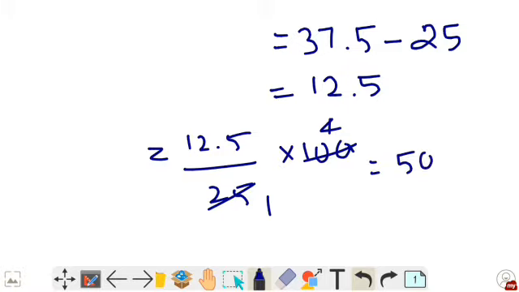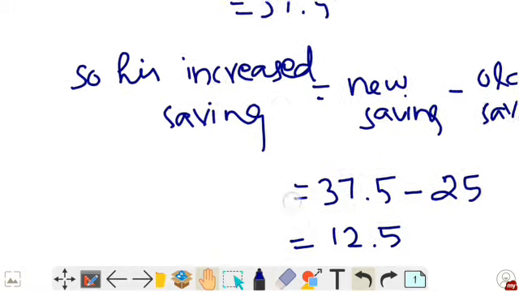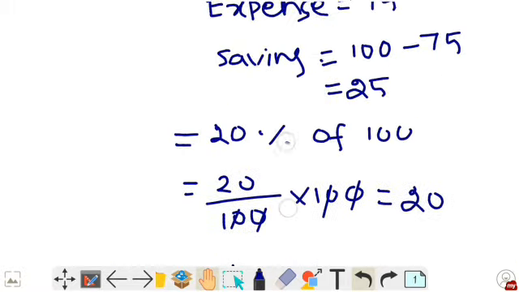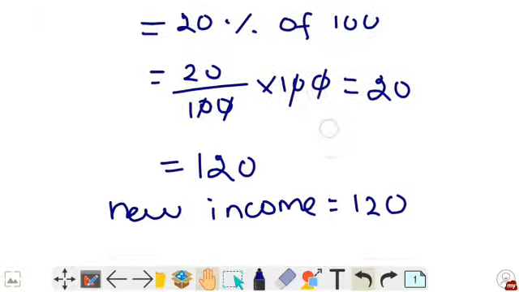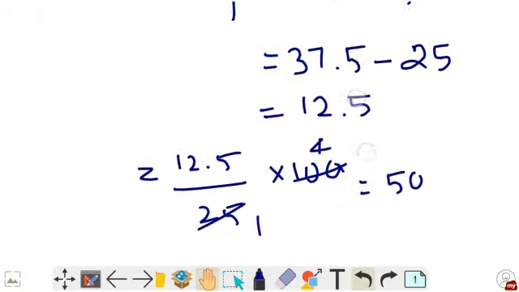Check with the given options. Option A 27%, option B 50%, option C 30%, and option D 28%. So now we get 50%. So option B is the right answer.